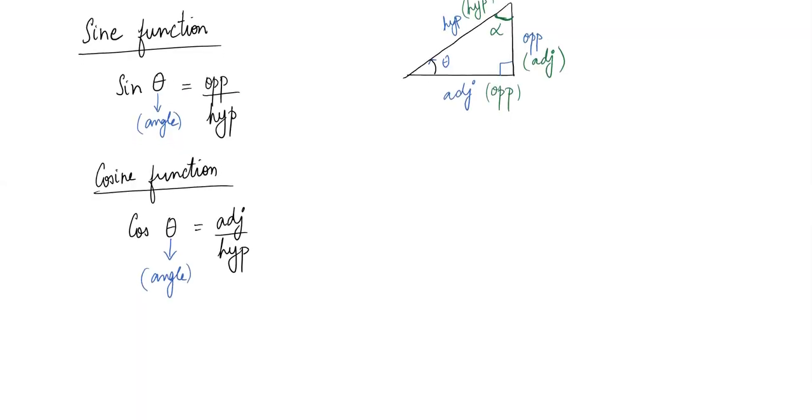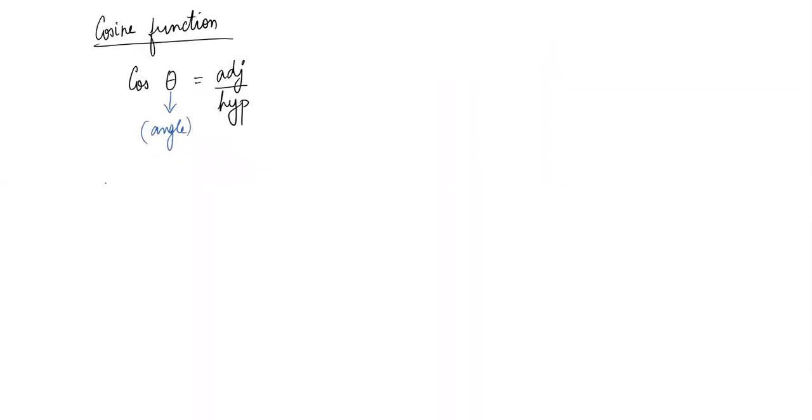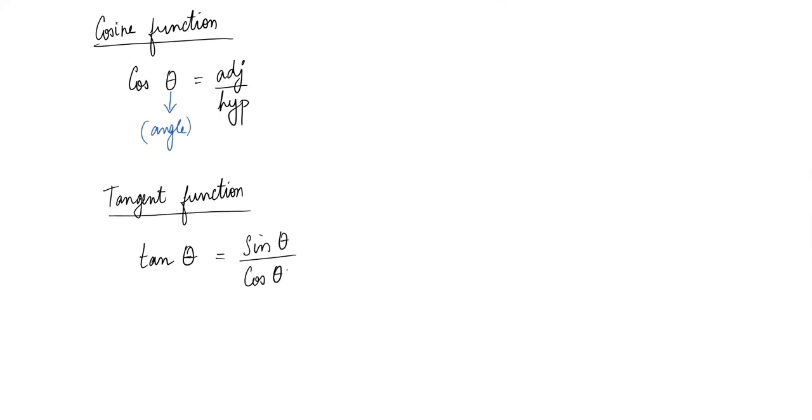Okay? And then we have tangent function. This is a very important function, tangent function. And the shortcut for that is tan theta. Tangent is originally defined as sine theta over cosine theta. It's the ratio of the other two trig functions. Tangent is the ratio of sine and cosine. So tan theta is sine theta over cosine theta.